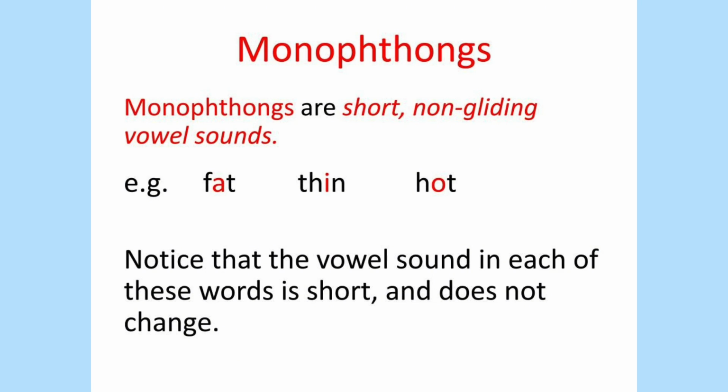The sound of a in fat is just a. In thin, the i sound is just e, it's not sustaining. And in hot, it is just o, not sustaining as o or oo.